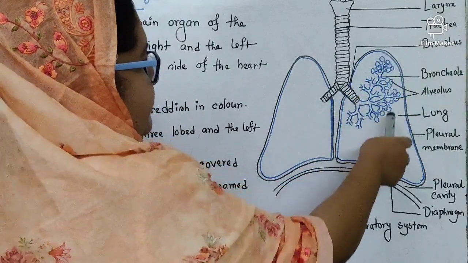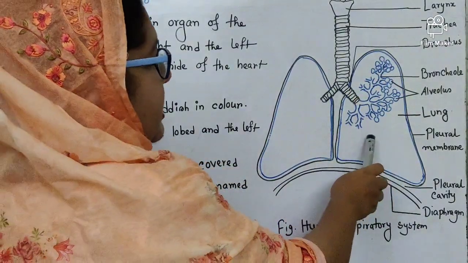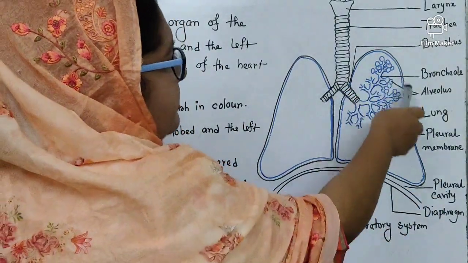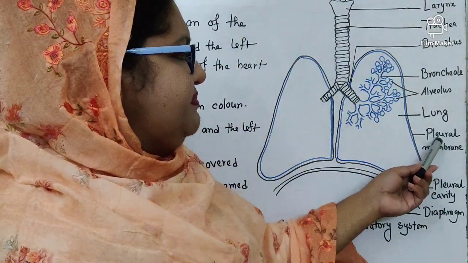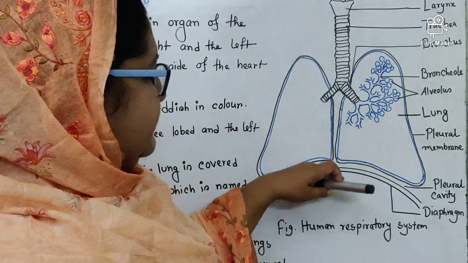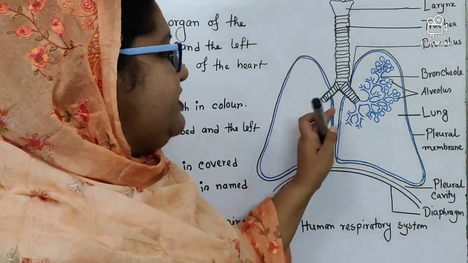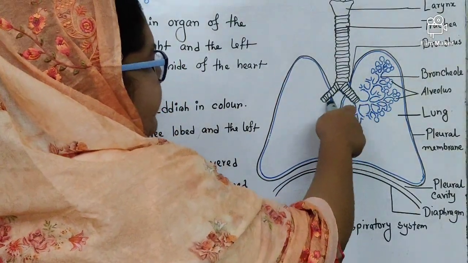There are two lungs, the left lung and the right lung. There is a membrane around the lungs. This thin membrane is known as pleural membrane. The lungs are situated above the diaphragm and on either side of the heart. So the heart is situated in this middle portion.